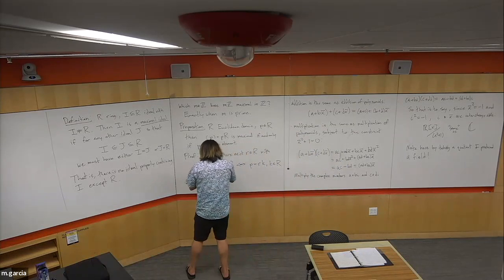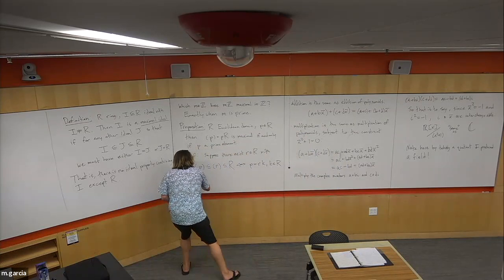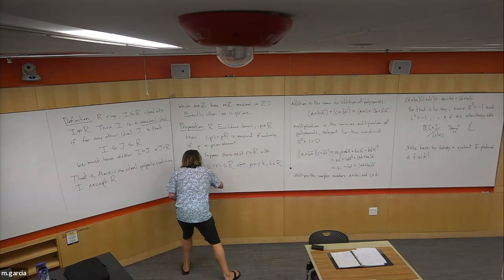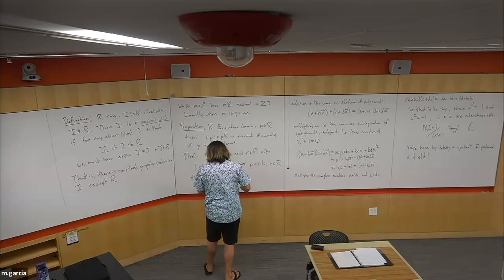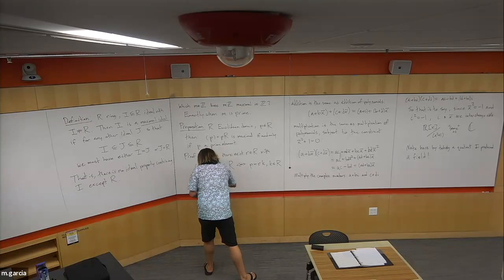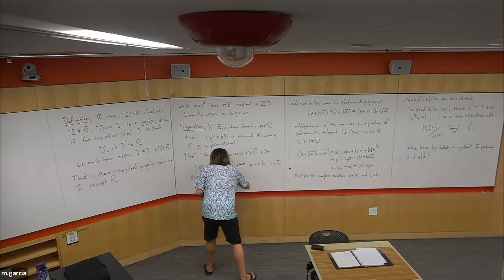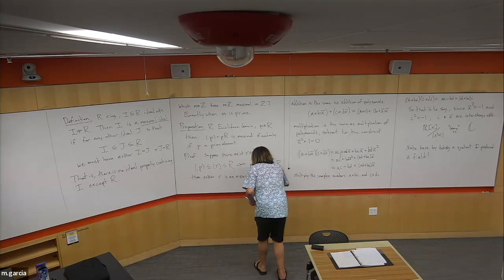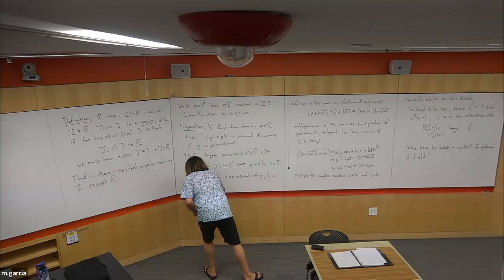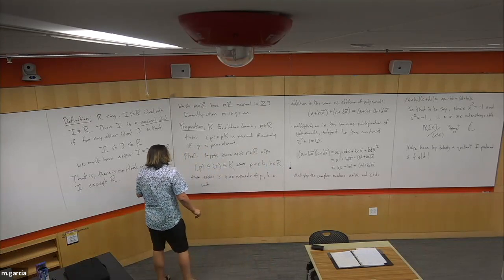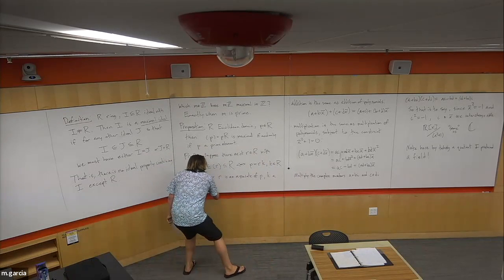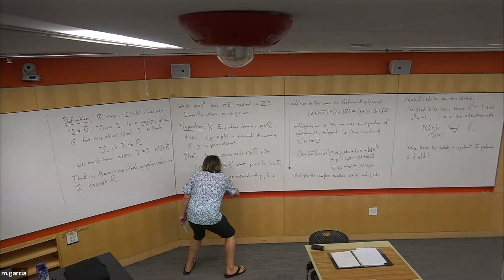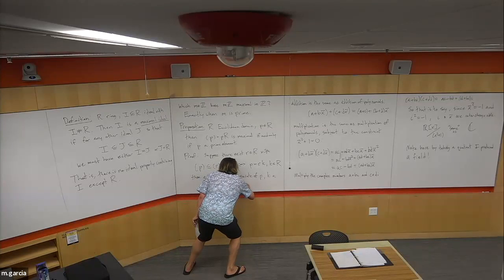So then either r is an associate of P, k a unit, in which case the ideal generated by P is equal to the ideal generated by r.